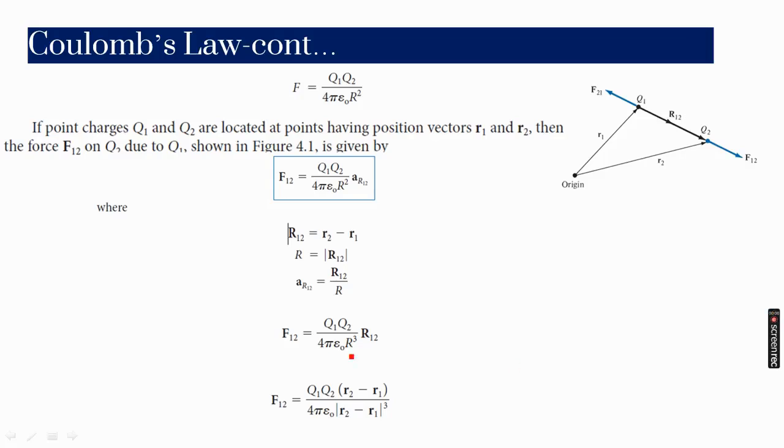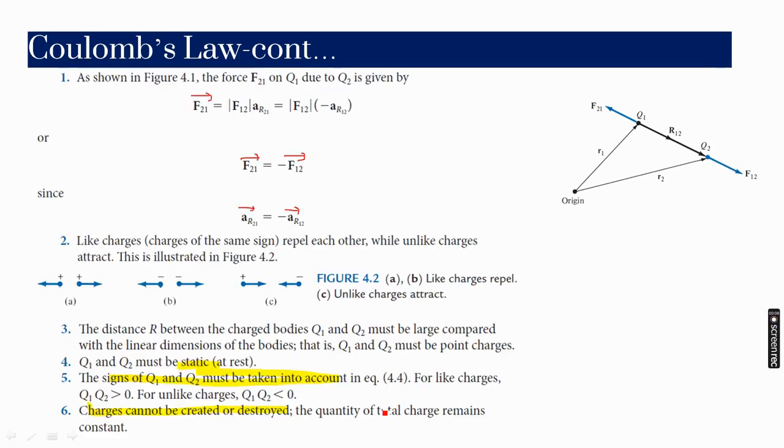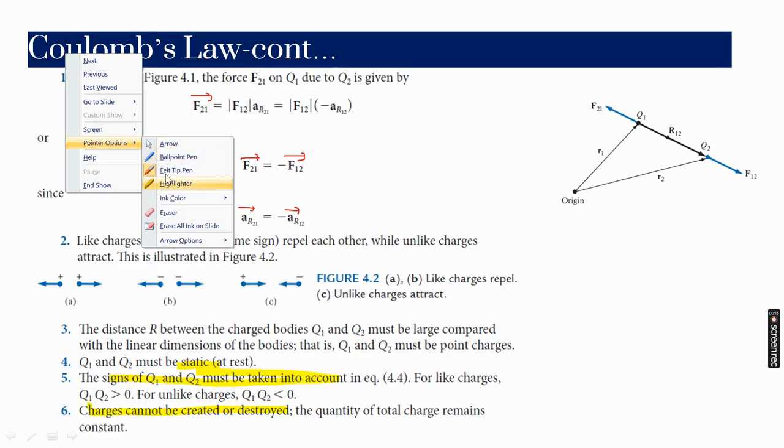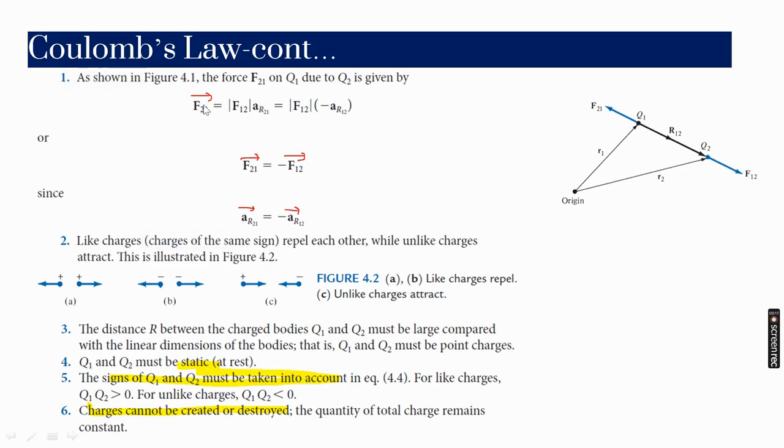We have seen the force on charge Q2 because of the presence of charge Q1, that is the F12 vector. Now let us see how to find the force on charge Q1 due to the presence of charge Q2. To do that, we take the magnitude of the force on Q2 because of Q1, and multiply it with the unit vector R21 cap.